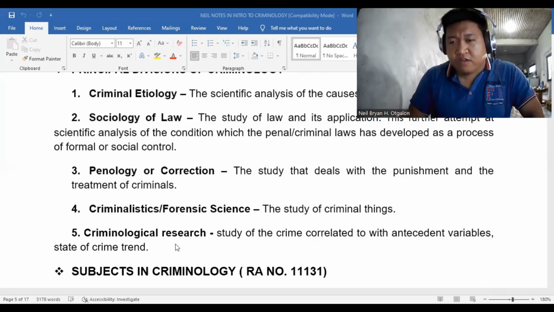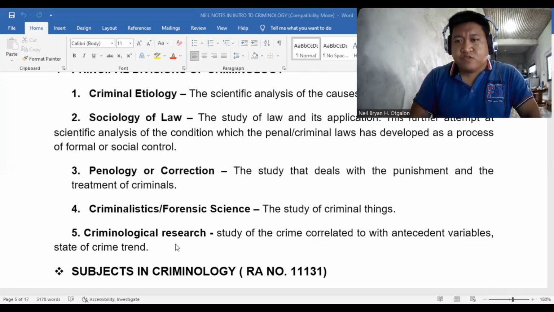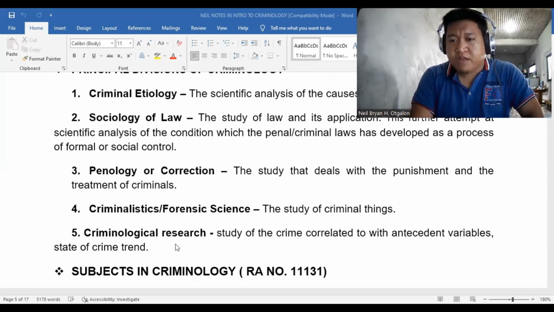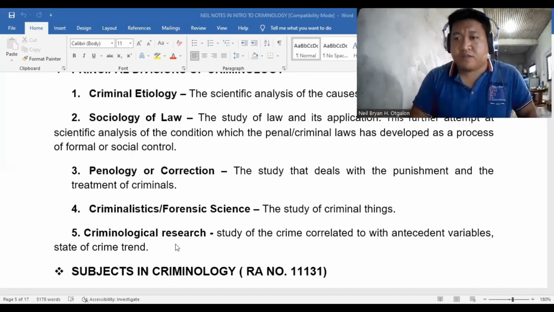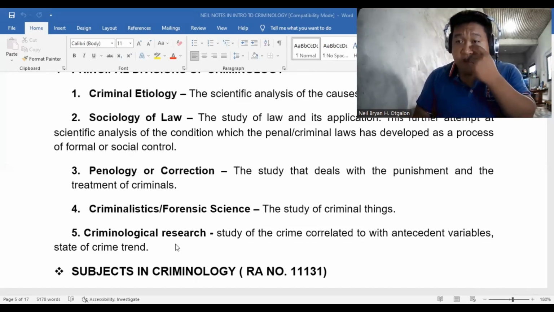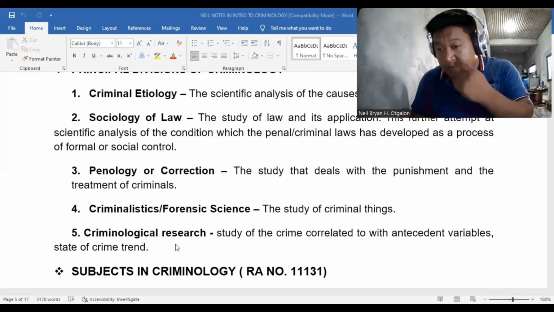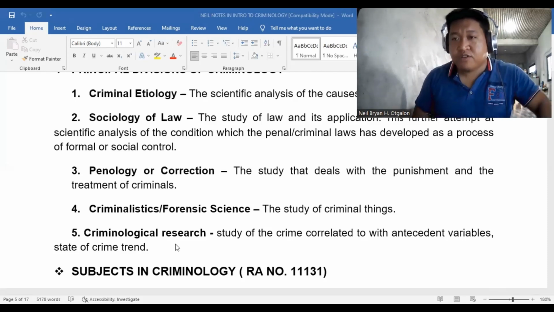Yung dugo na nakuha sa crime scene, yung buhok na nakuha sa crime scene, you cannot just explain that using your eyes and nose and mouth. But you need the application of forensic science so that this evidence, especially physical evidence, you will explain this one that may be of use in the solution of a crime problem.